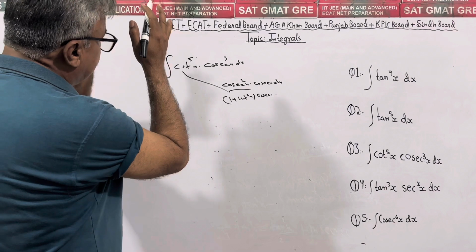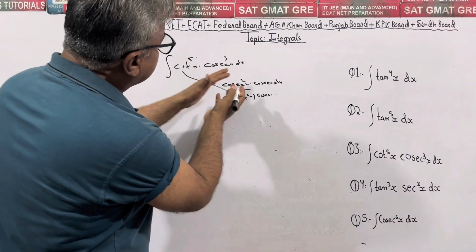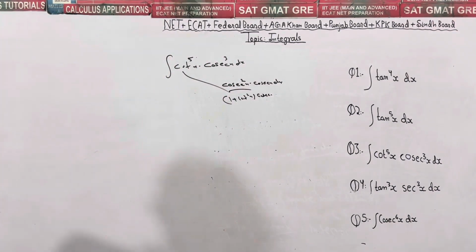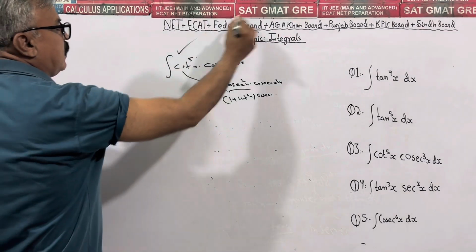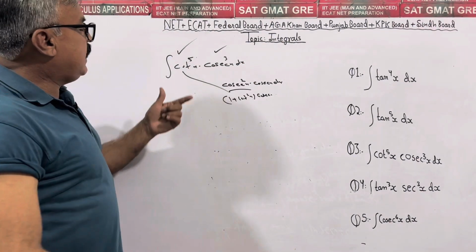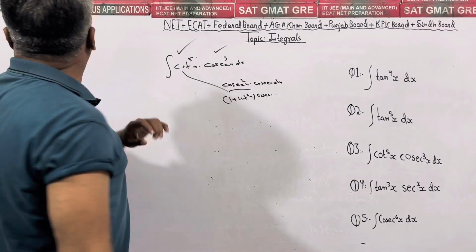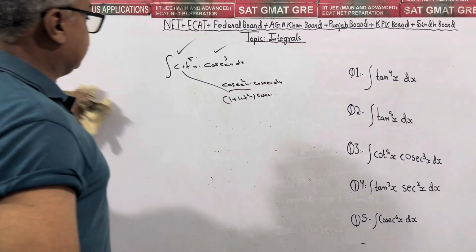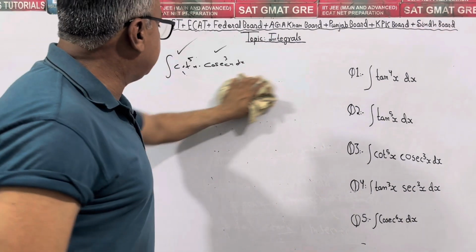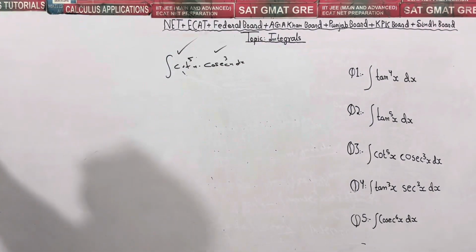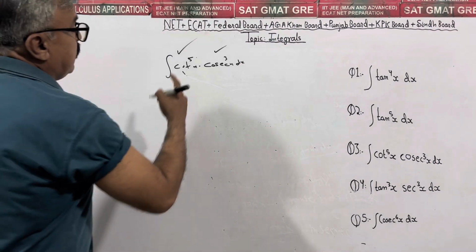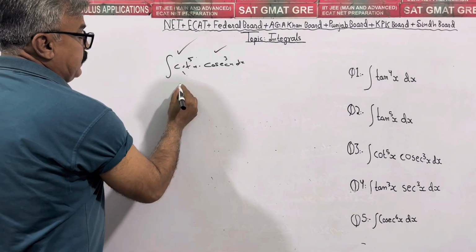Similarly, I cannot transform cot^5 directly into something of cosec. So what about this? If I take cot from here, cosec from here, and the differentiation of cosec is cosec and cot, work in that fashion. When both have odd powers, work in that fashion. Even this tip is valid for tan having an odd power and sec having an odd power.